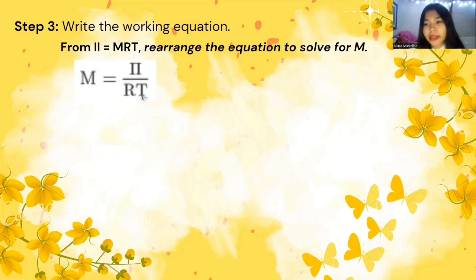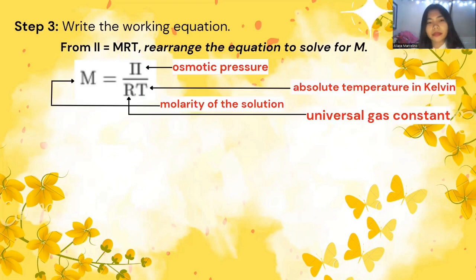Para mas lalong maintindihan natin ang each meaning ng mga nasa equation natin, here's the detailed info of them. Here's the osmotic pressure, molarity of the solution, universal gas constant, and the absolute temperature in Kelvin.